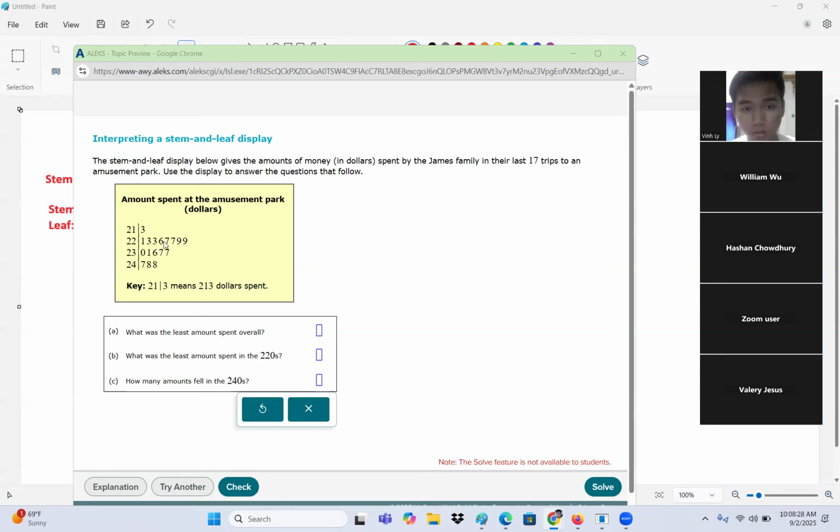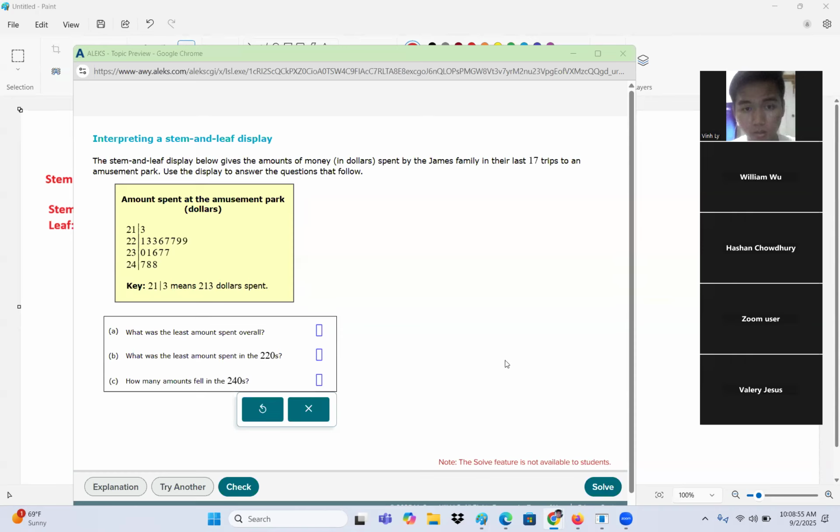So there were eight data sets, right? And how many amounts fell in the 240s? We get three of them, one, two, and three. The least amount spent in the 220s should be $221. Are we good? So this one should be 221, this one should be 213, and this one should be three data sets.